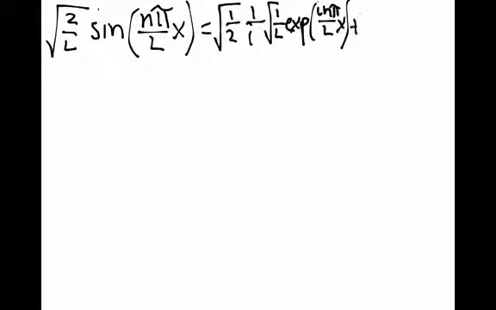So we have the square root of a half times 1 over i times the square root of 1 over L e to the i n pi over L x, and then plus the square root of a half times minus 1 over i times the square root of 1 over L e to the minus i n pi over L times x. So I've done what we were talking about on the previous slide.